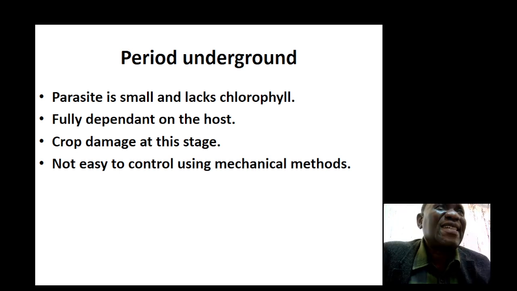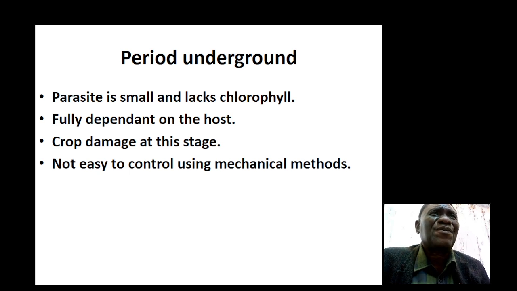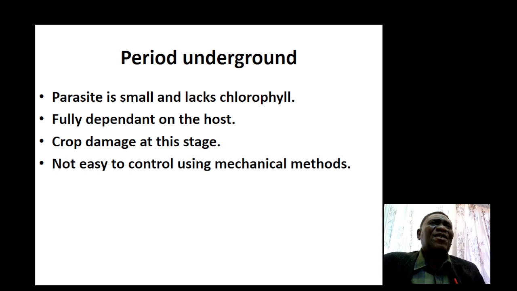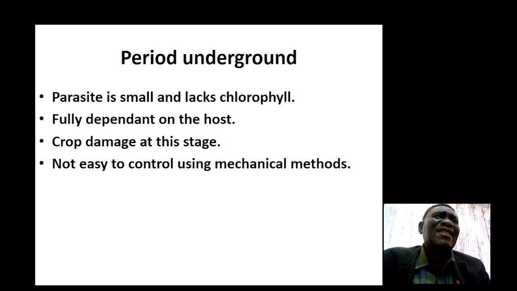Now the period underground, and now the parasite is very small and lacks chlorophyll, that is underground. It is fully dependent on the host, and the crop damage occurs at this stage, and it is not easy to control using mechanical methods because you cannot see it.